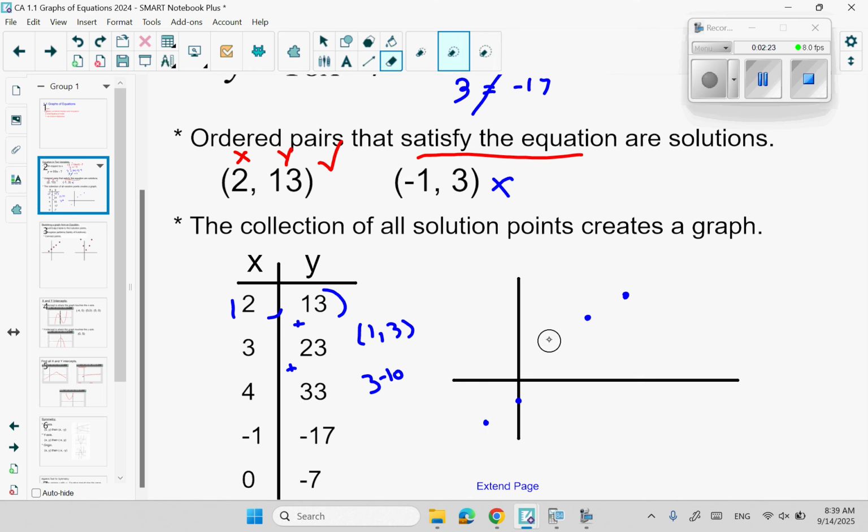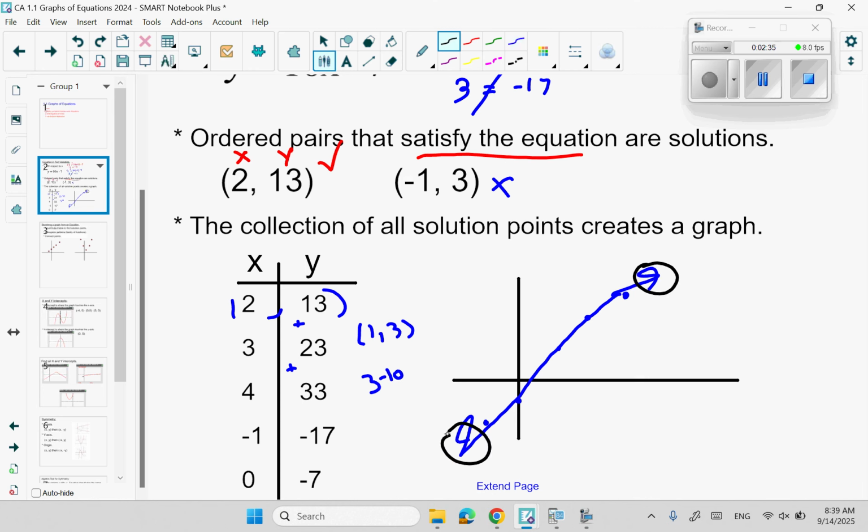So let's just adjust a little bit so it's angled a little bit better. Close enough. Now, it's important to note that in a line like this, the arrows would go on forever. So technically speaking, how many potential solutions would we have that satisfy this equation? Well, that'd be an infinite number of solutions.